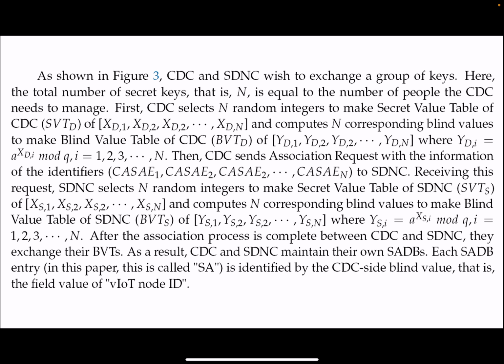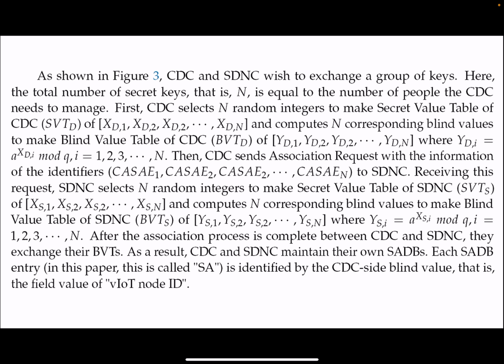First, CDC selects N random integers to make the secret value table of CDC, given by XD1, XD2, XD3 till XDN, and computes the corresponding blind values to make the blind value table of CDC, which is given by YD1, YD2, YD3 till YDN, where YDi equals a to the power XDi mod q, for i equals 1, 2, 3 to N.